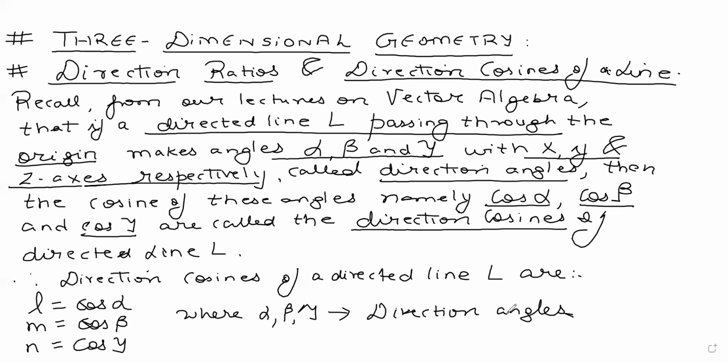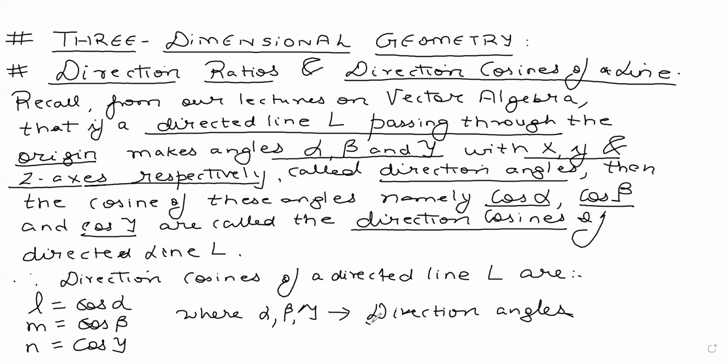So hoping that the students have understood the concept of direction angles and direction cosines. A directed line passing through the origin, making the angles alpha, beta, and gamma with the x, y, and z axis respectively.